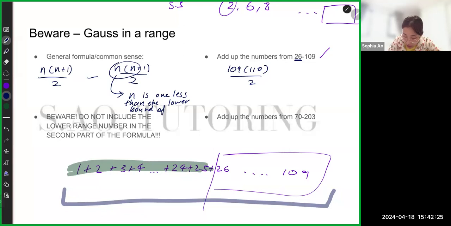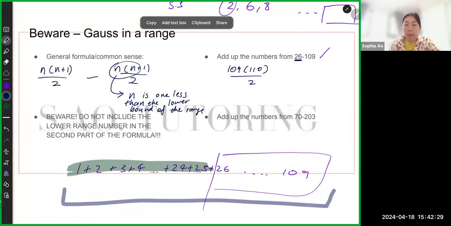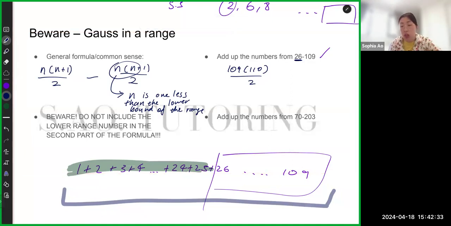So I'll say that again. n is going to be 1 less than the lower bound of the range. I'll explain why it isn't the lower bound of the range as well. When we do it appropriately, we should get 25 times 26 on 2. That comes from n plus 1 on 2.